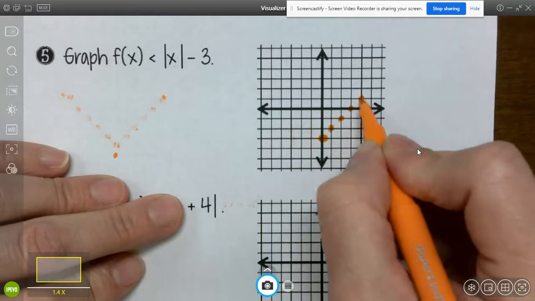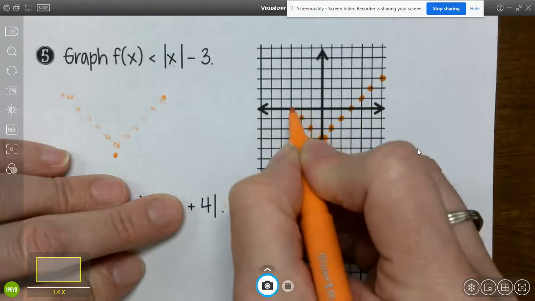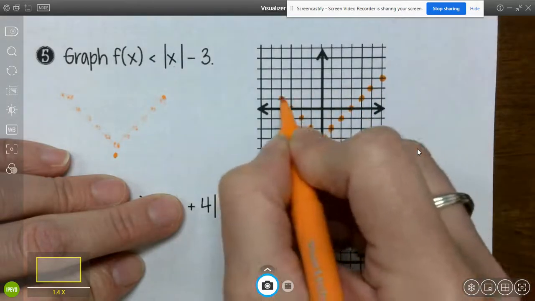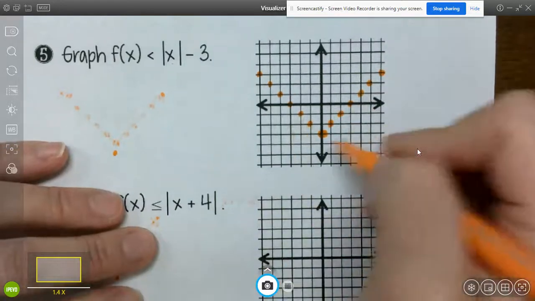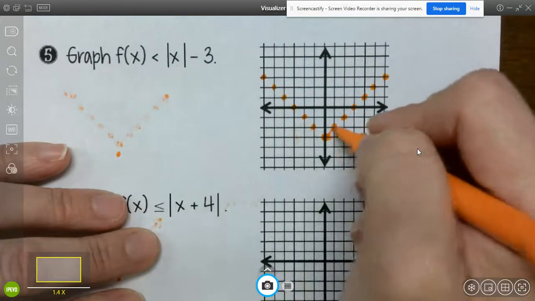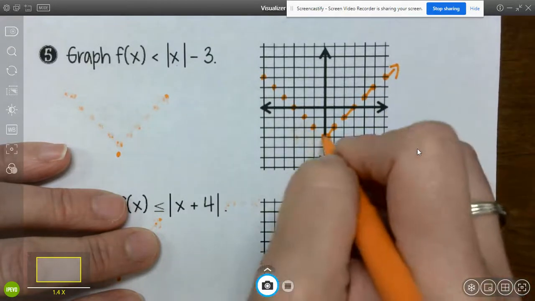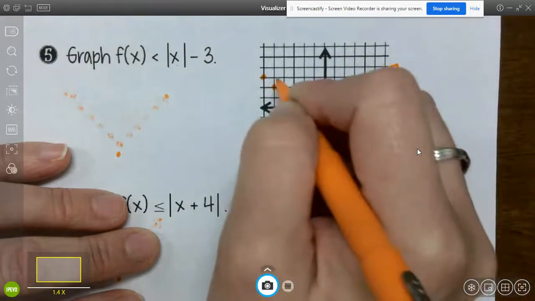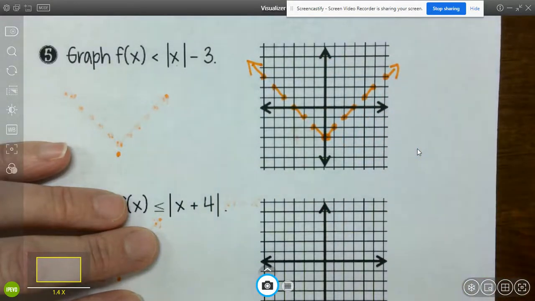And if you don't believe me, you can put in points and check them if you want to. So now those are my dots to go by, but this is less than, so that means I'm going to use a dotted line. Okay, it's going to be a dotted line.